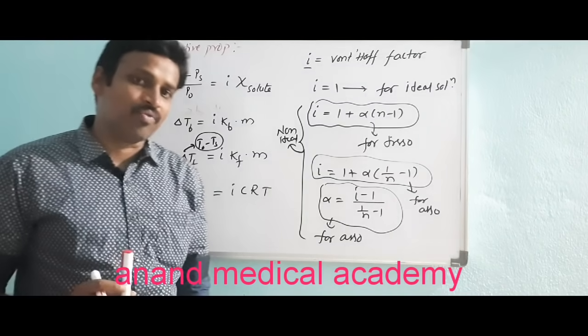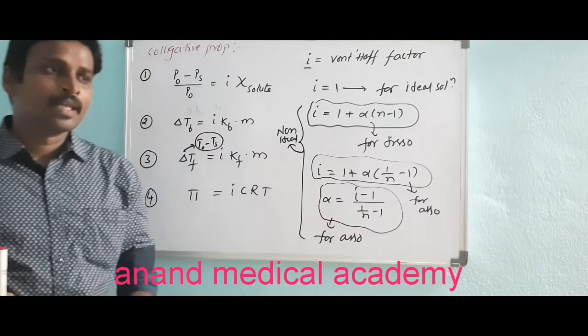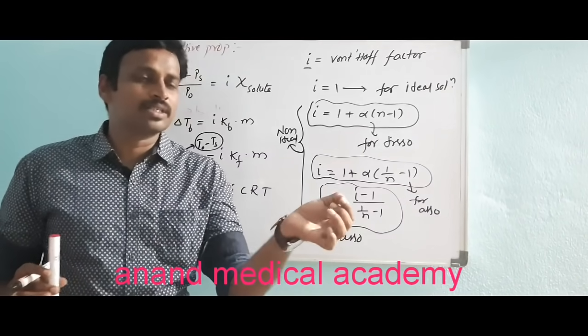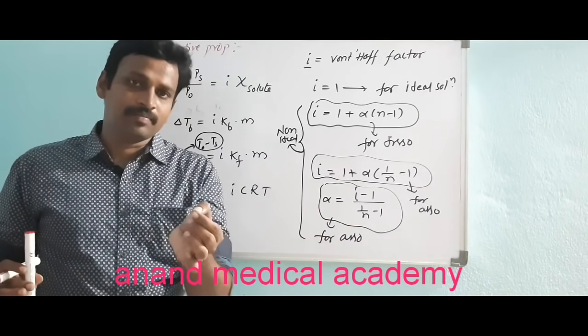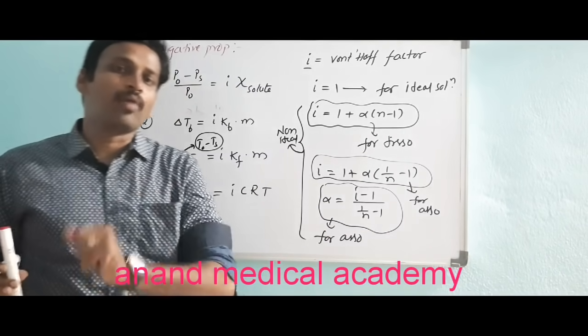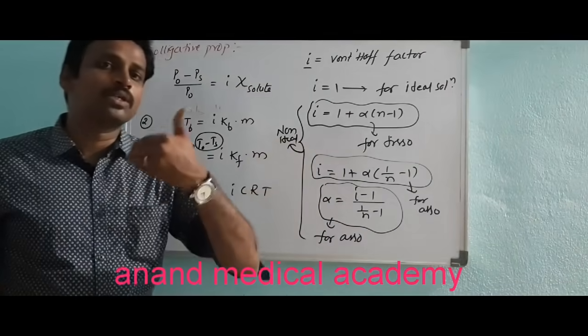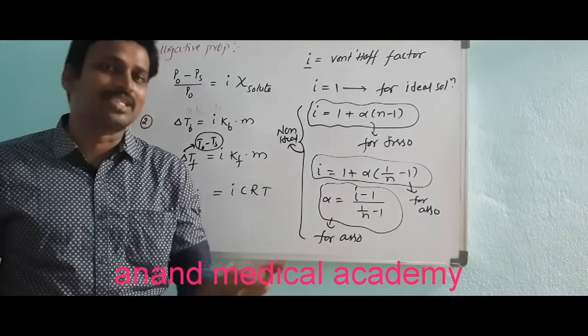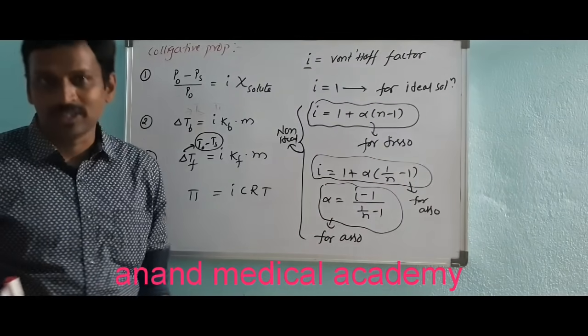How to consider alpha? I told you very clearly. If a particular solute is dissociated, suppose XY is a solute that dissociated as X plus and Y minus, then if they say it was dissociated about 60%, alpha will be 0.6.